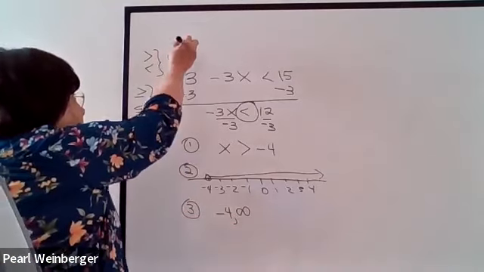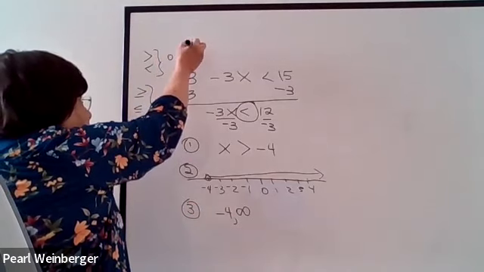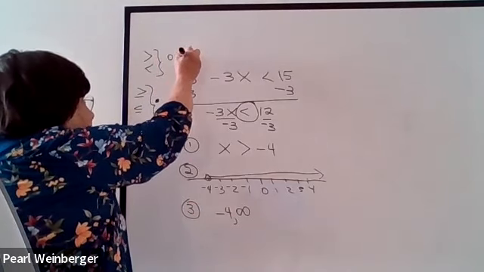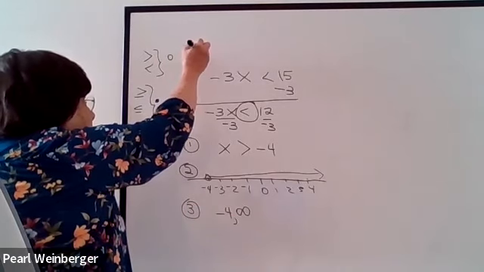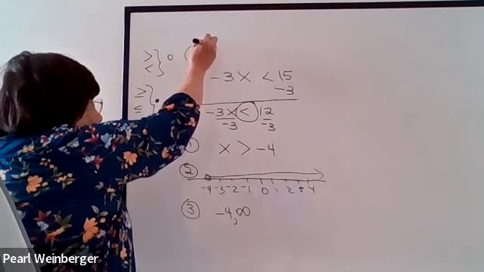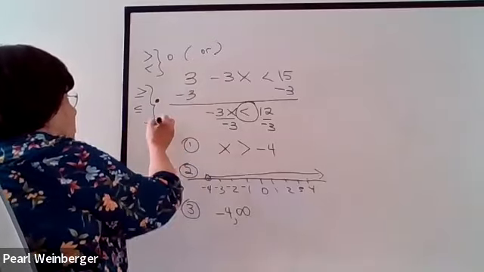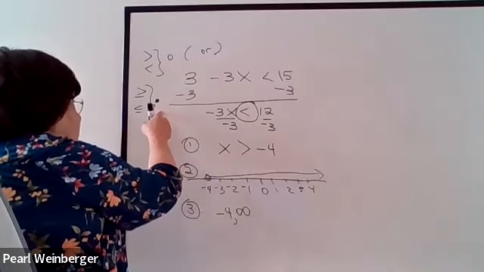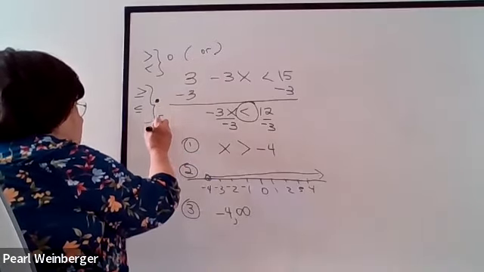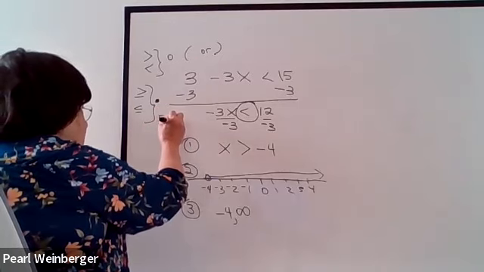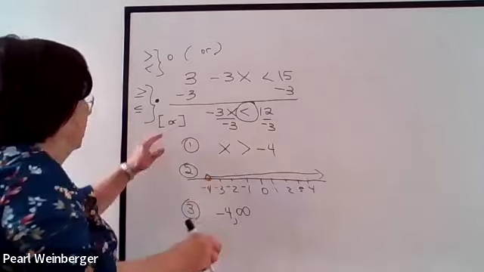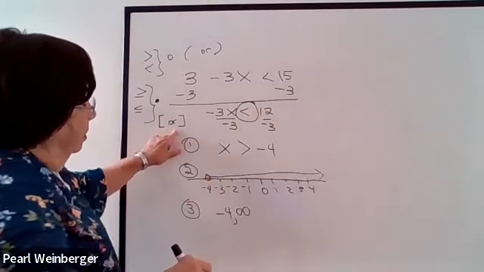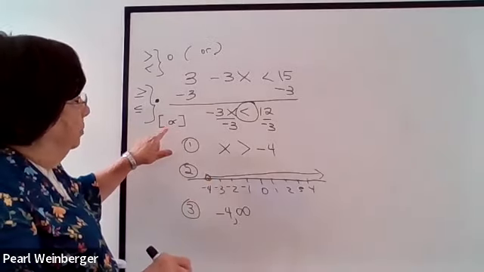When you have an open circle, you're going to have a parenthesis, either an open parenthesis or a closed parenthesis. When you have a filled in circle, you're going to have a bracket. Now, whether it's open or closed depends on what side the number is that's filled in.